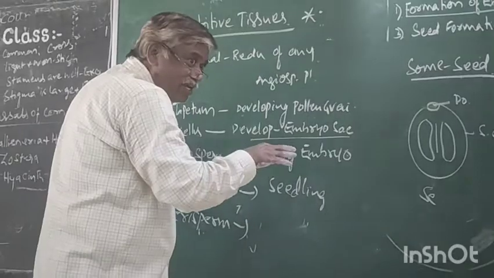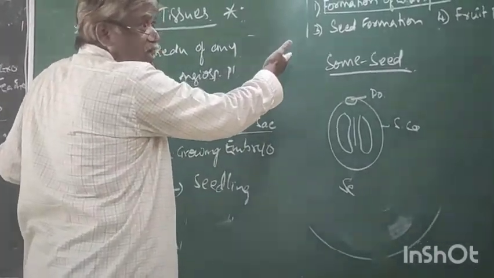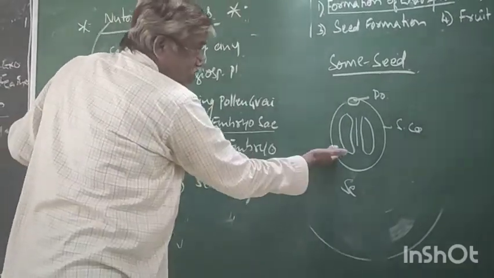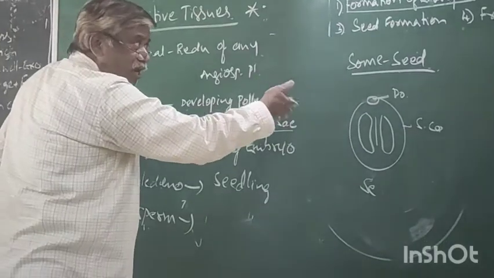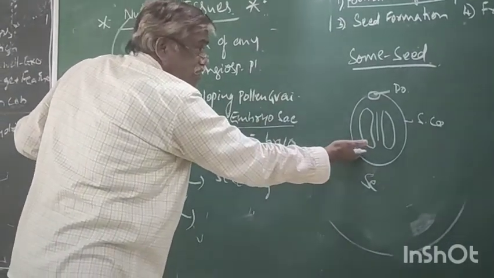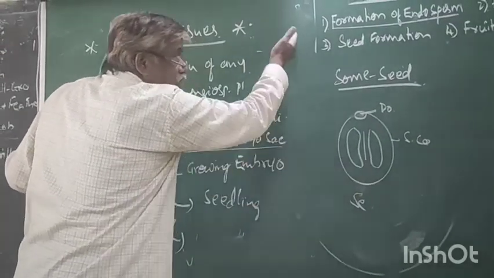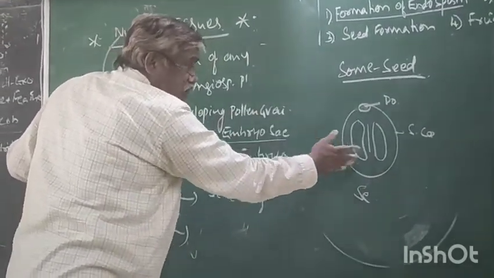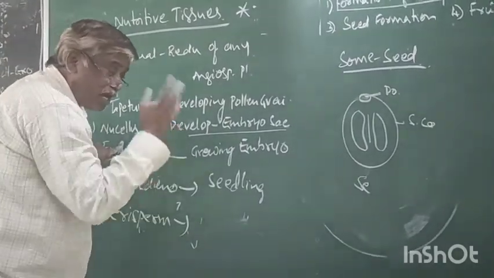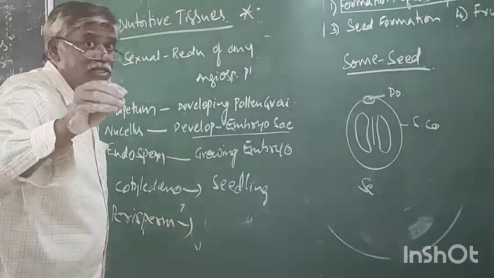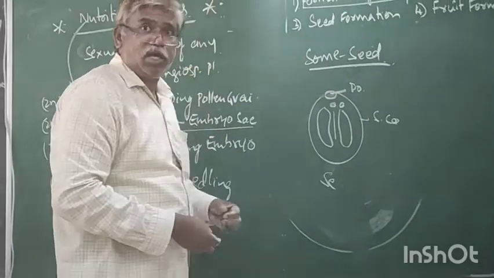When the sexual reproduction reaches the seed formation, actually there is no nucellus because it is already consumed by the embryo. But in some cases, nucellus is also there.